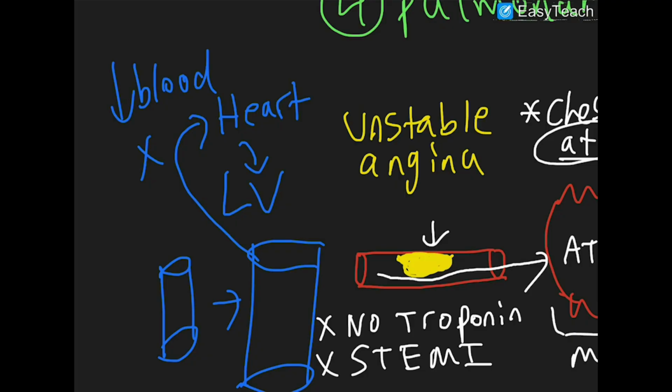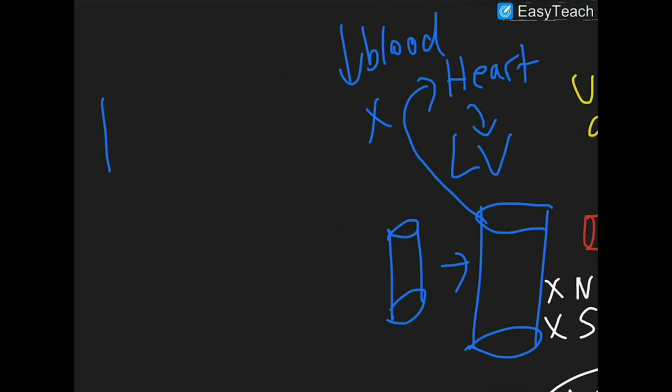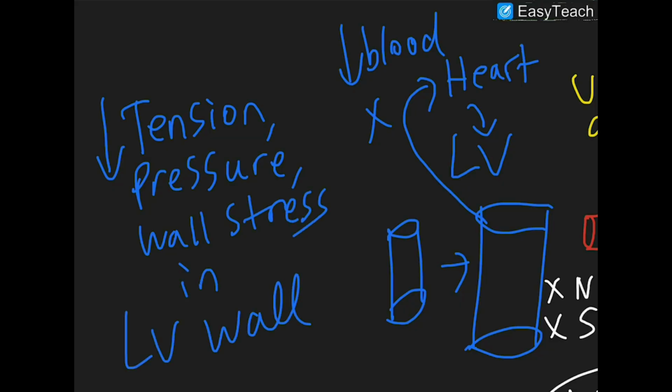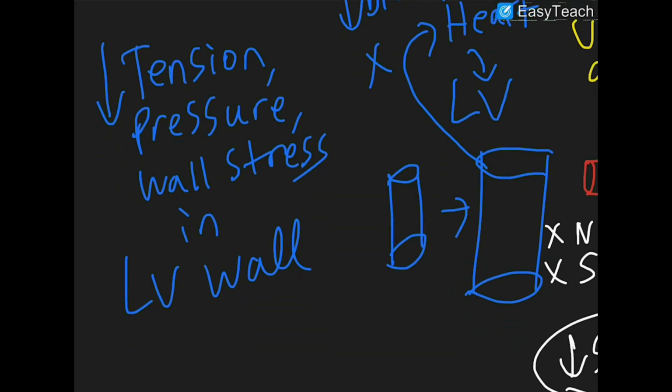Okay. If less blood is making it to your left ventricle now, you just reduced the amount of pressure, tension, and stress in your left ventricular wall. Okay, so you reduce the tension, pressure, and overall wall stress in your left ventricular wall. Okay, specifically, you reduce the stress for your left ventricular myocardium.